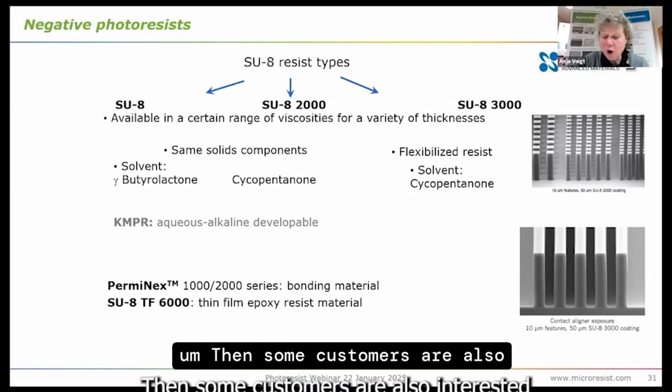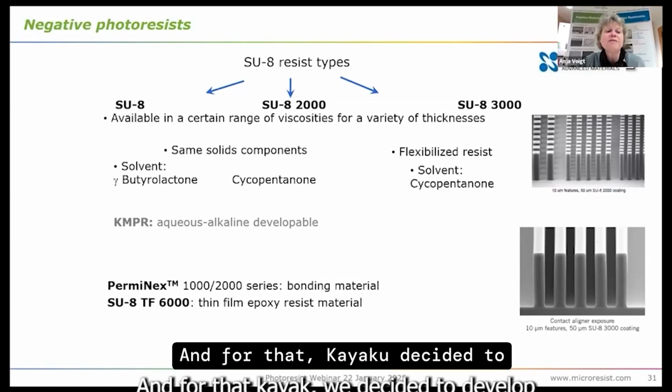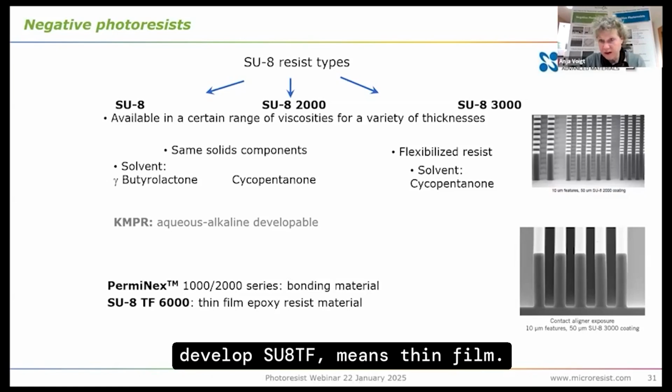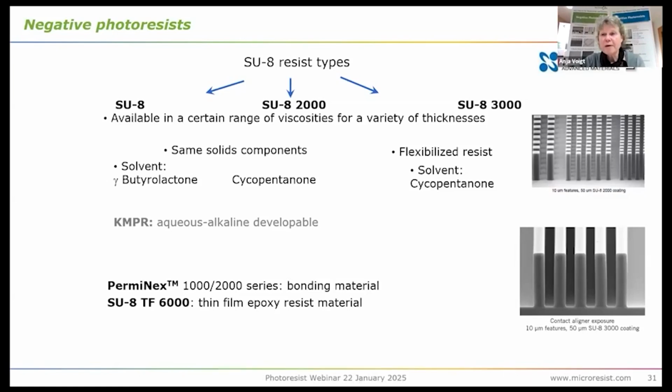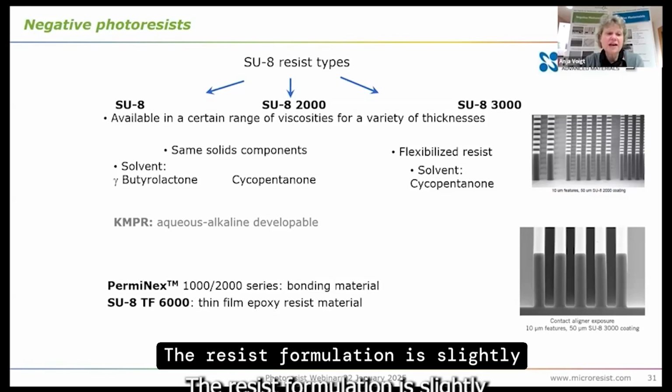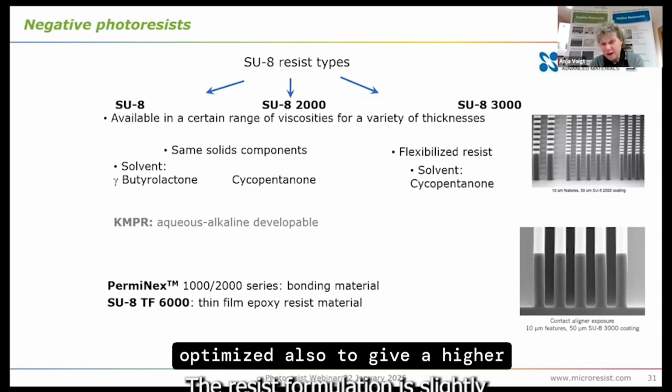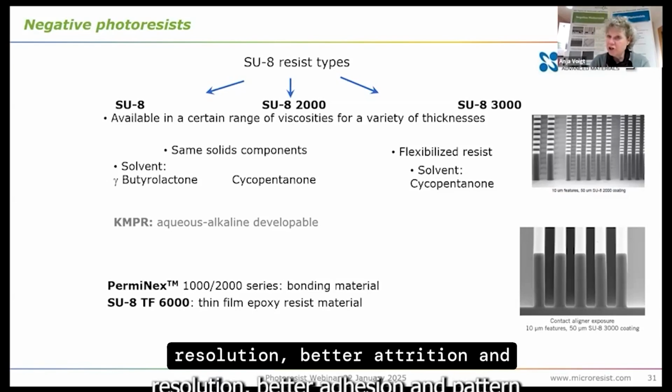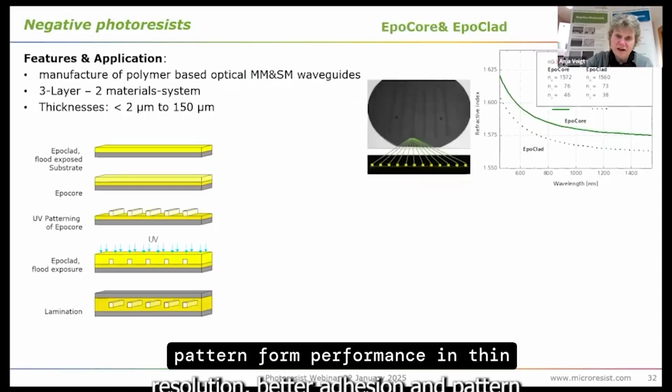Then some customers are also interested in rather thin layers, and for that, Kayaku decided to develop SU8 TF, meaning thin film, 6000. The resist formulation is slightly optimized to give higher resolution, better adhesion and pattern performance in thin layers.